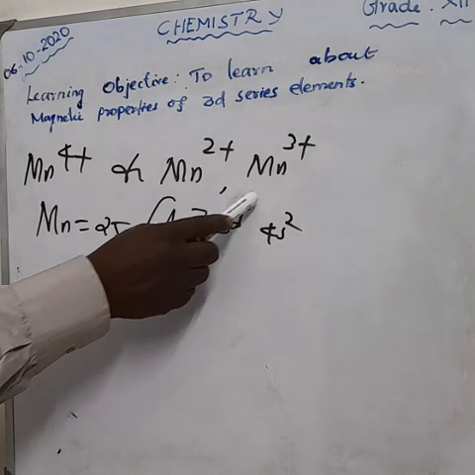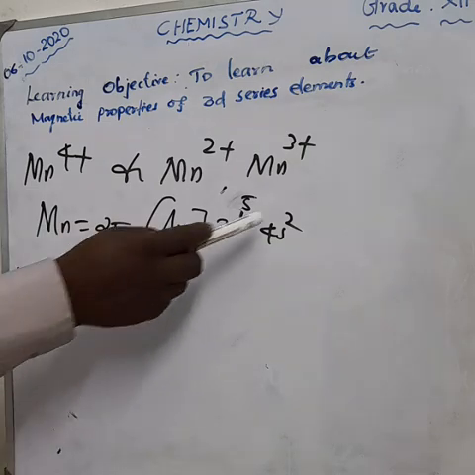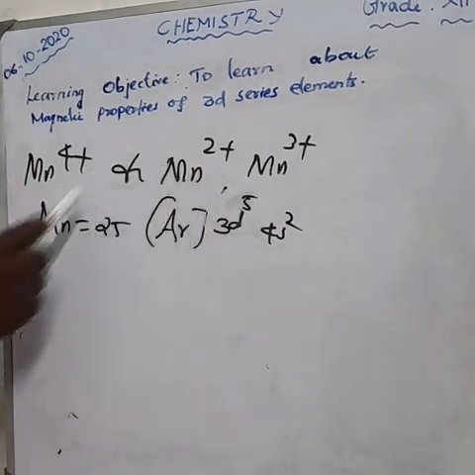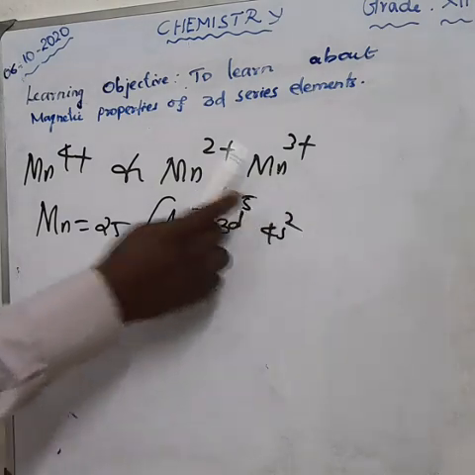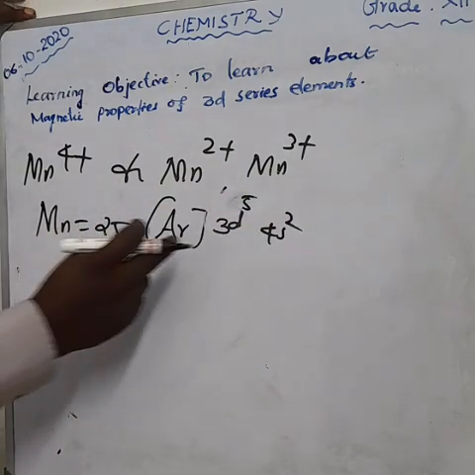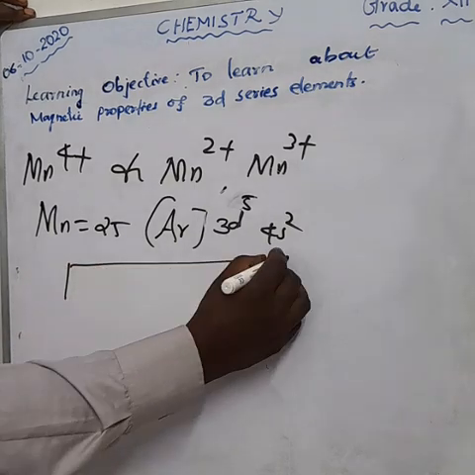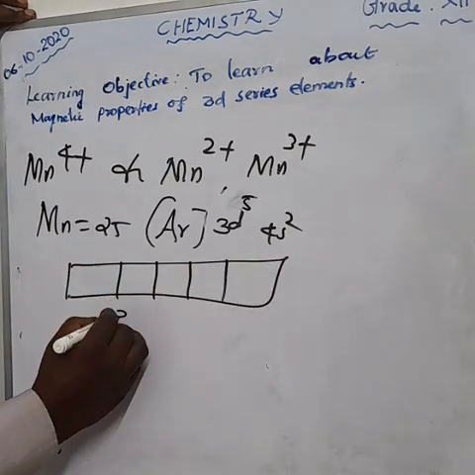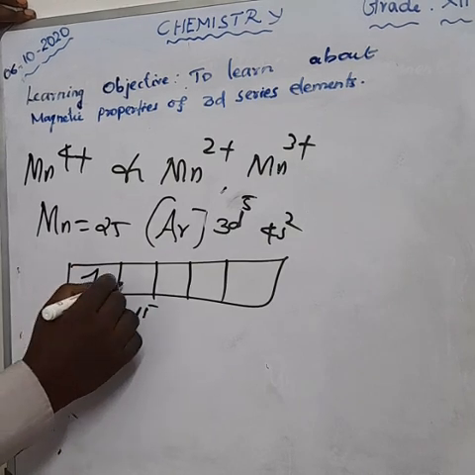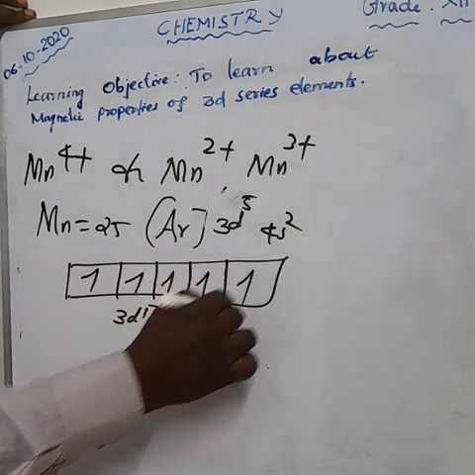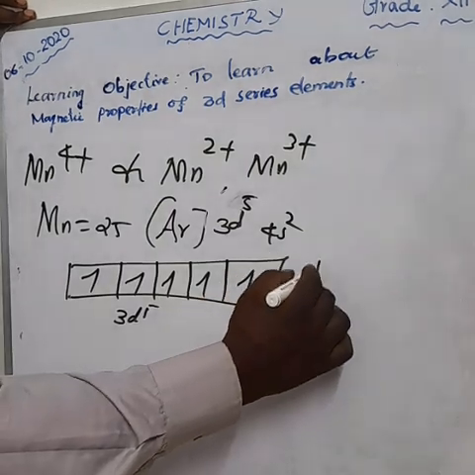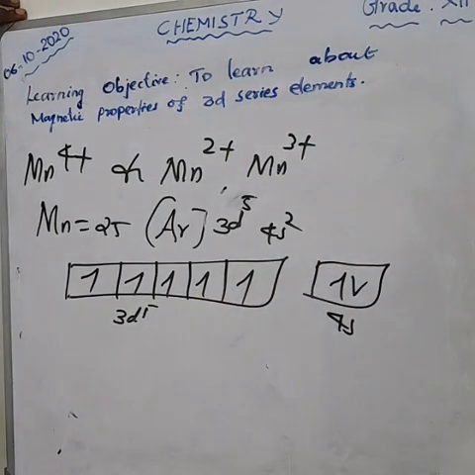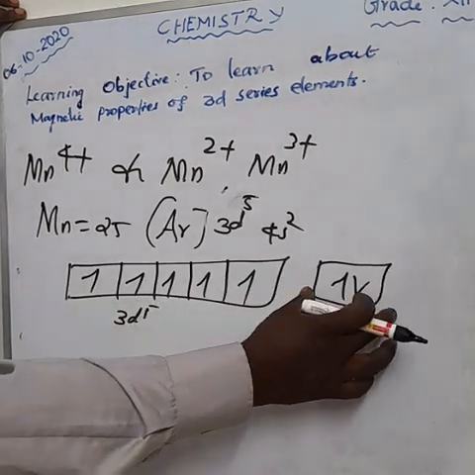This is the half filled d subshell. This is the completely filled s subshell. Okay. So first of all, we are drawing the d orbitals, 3d5, 1, 2, 3, 4, 5, and also 4s, 2 electrons. Am I right? This is half filled and this is completely filled.